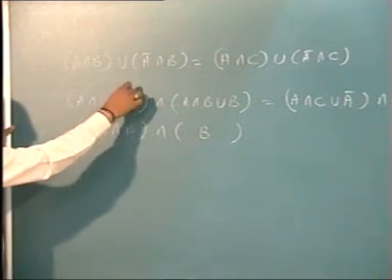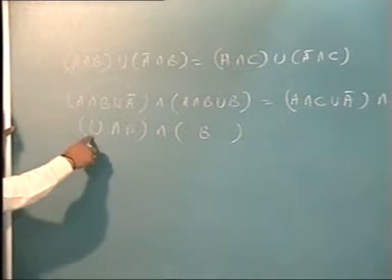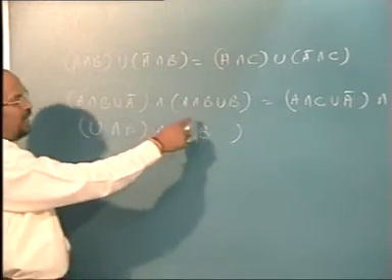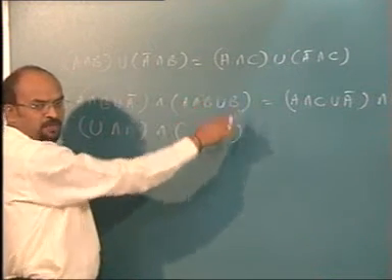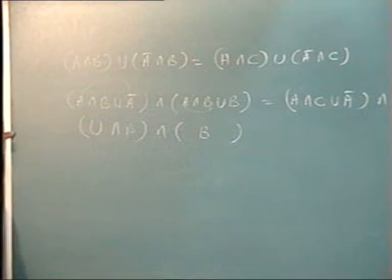A union A complement is the universe, intersection B. Similarly, A intersection B union B will be B. It will be B. U intersection B is B. Yes, we are heading to that only.